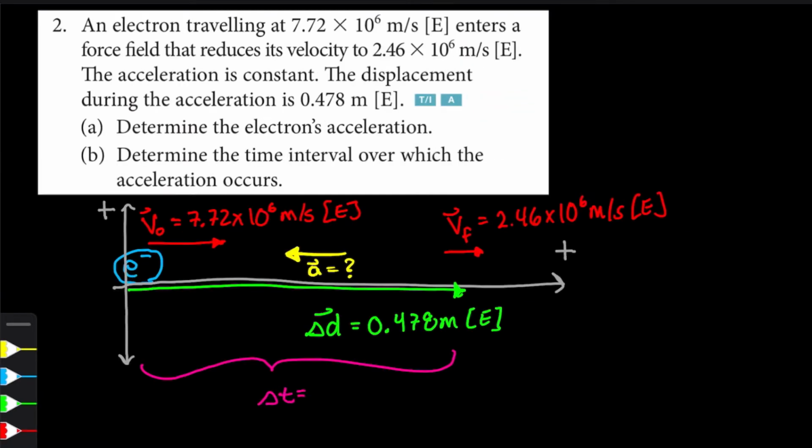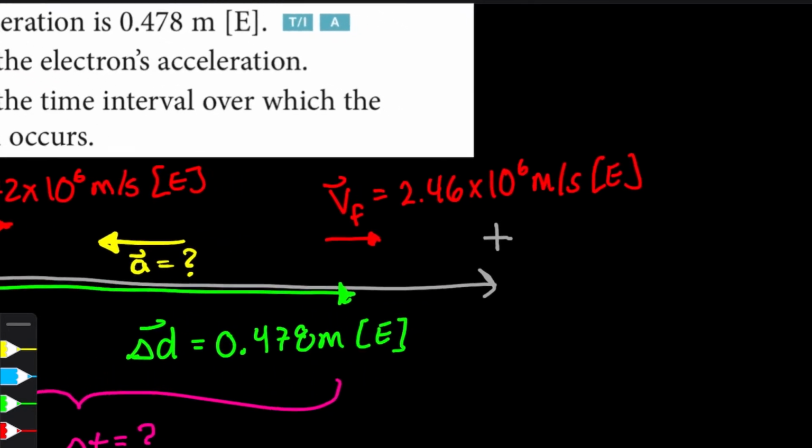All of this takes place during some time interval, delta t, which we don't actually know. And this is how we try to set up kinematics problems. So again, visualize, coordinate system, displacement, velocity, acceleration, then time intervals. And then you go ahead and write the big 5 kinematic equations of motion, or in most cases you only ever need 3, which is why I only write 3 of them.